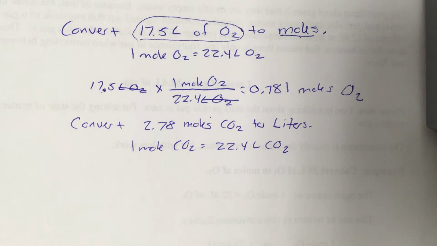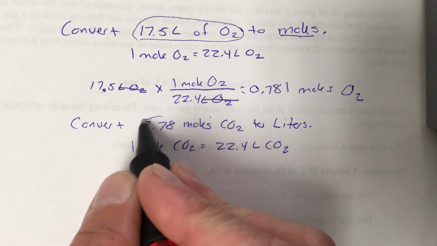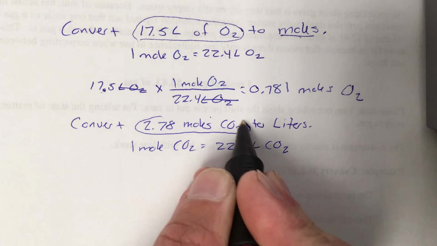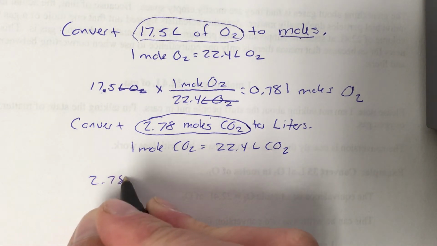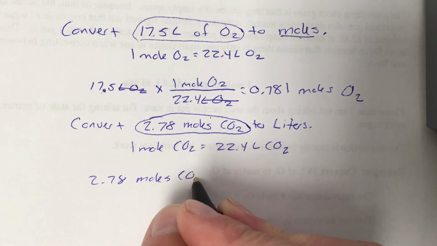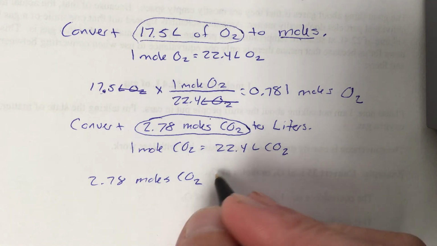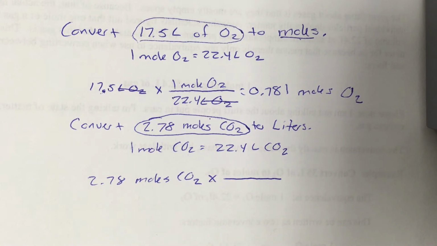The process is still the same. When we do these conversions, we always start with what we're given. And I was given 2.78 moles of carbon dioxide. And again, it's times a conversion factor. For the conversion factor, we're going to use those two numbers again, just like we did up here.